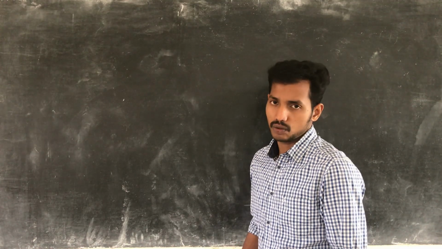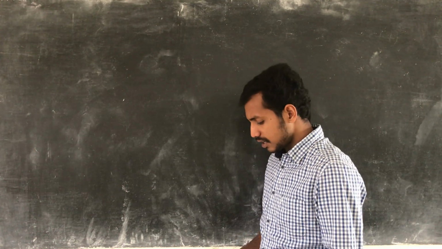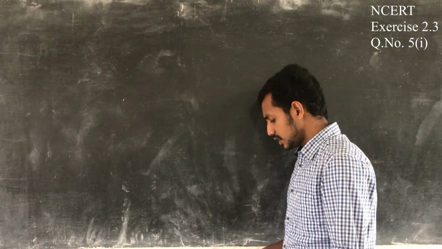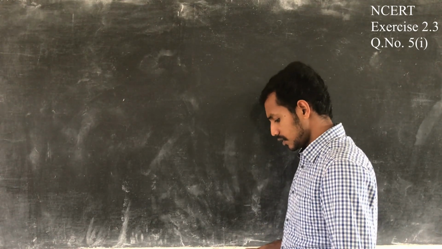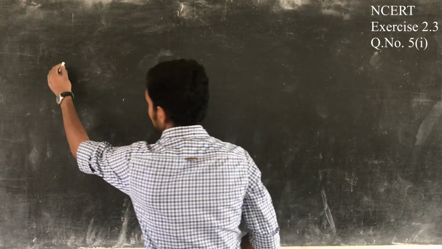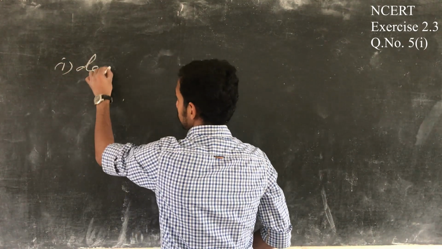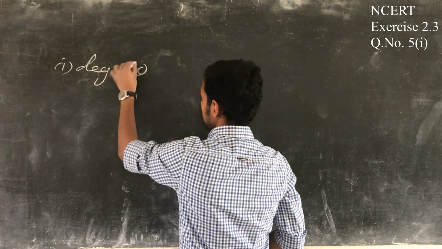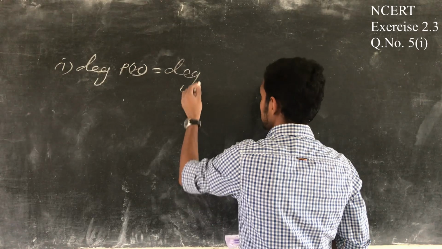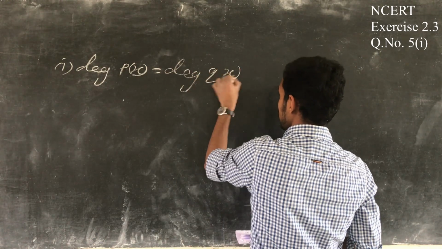Next, exercise 2.3, question number 5. Give examples of polynomials p of x, g of x, q of x, and r of x, which satisfy the division algorithm. And option number 1 is degree of p of x is equal to degree of q of x.